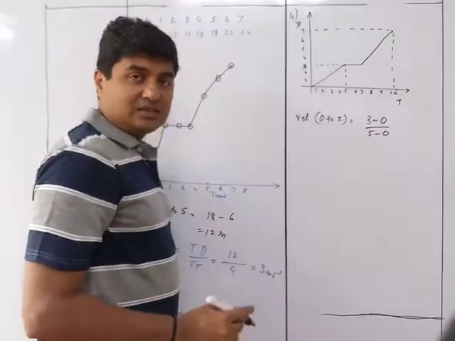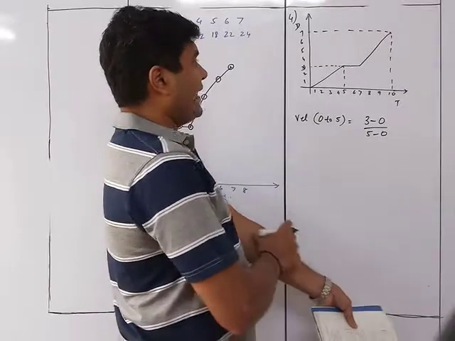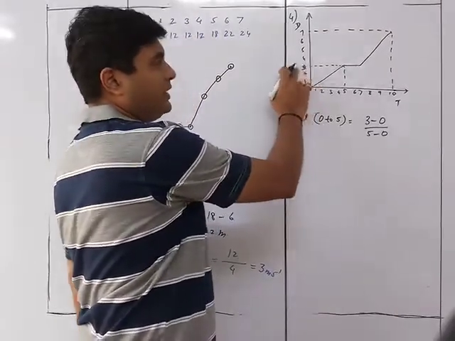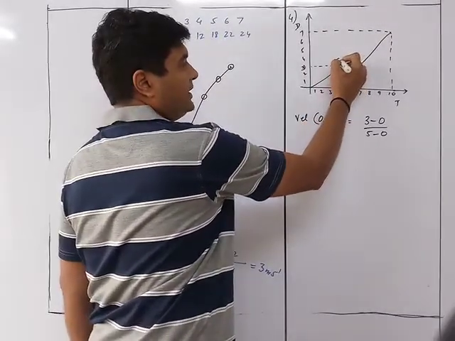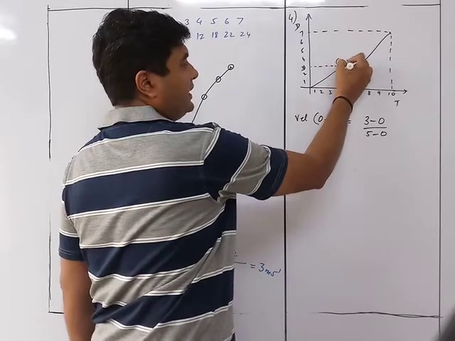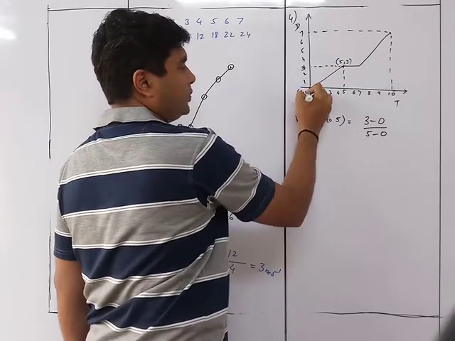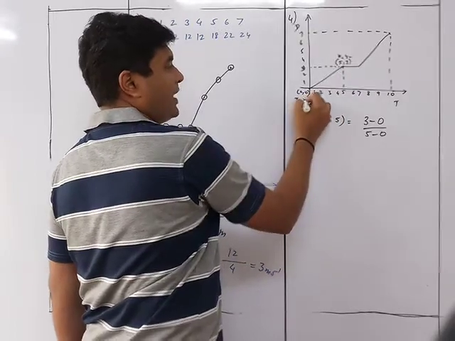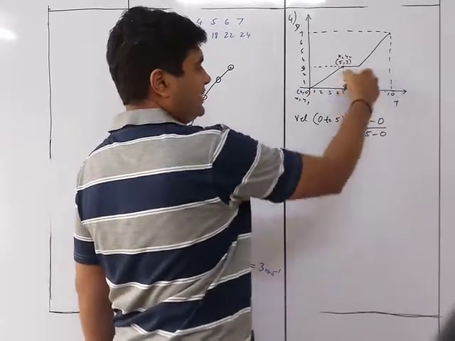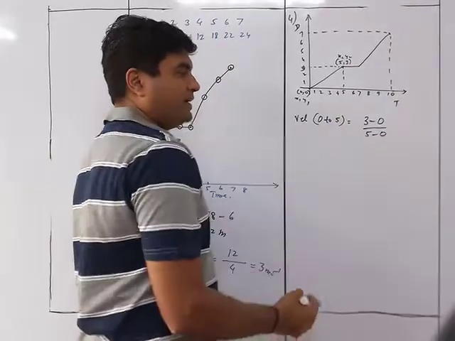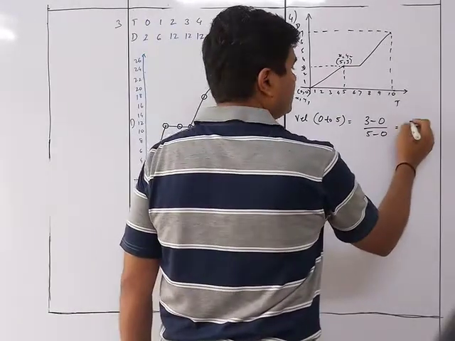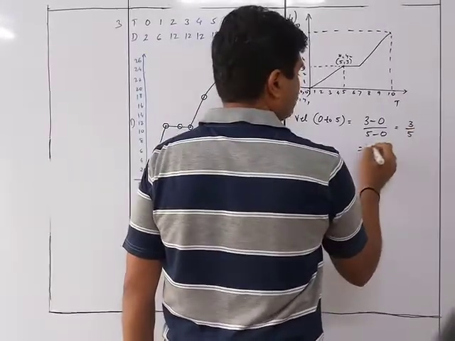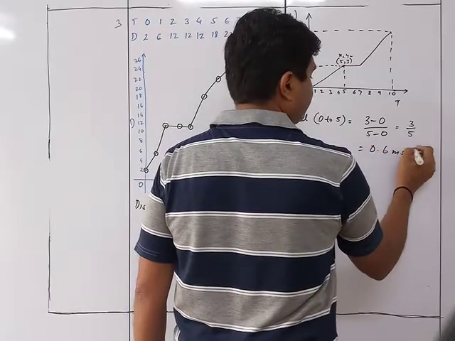Did you understand this? The y is nothing but the displacement. So this point over here is 5 comma 3 and this point over here is 0 comma 0. So this is my x2 y2, this is my x1 y1. So y2 minus y1 is 3 minus 0, x2 minus x1 is 5 minus 0. So that will be equal to 3 upon 5, which is equal to 0.6 meter per second.